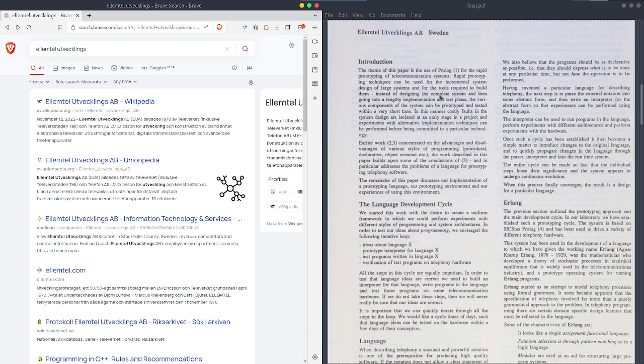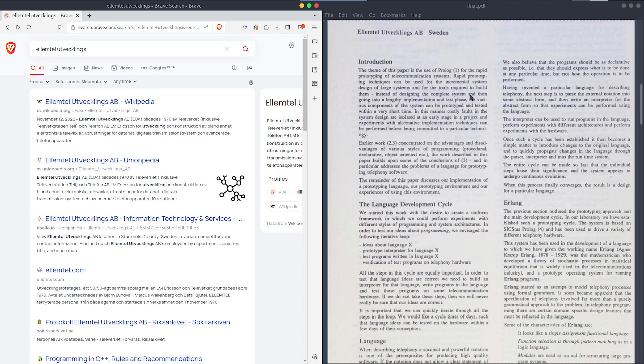The various components of the system can be prototyped and tested within a very short time. In this manner, costly faults in the system design are isolated at an early stage in a project, and experiments with alternative implementation techniques can be performed before being committed to a particular technology.